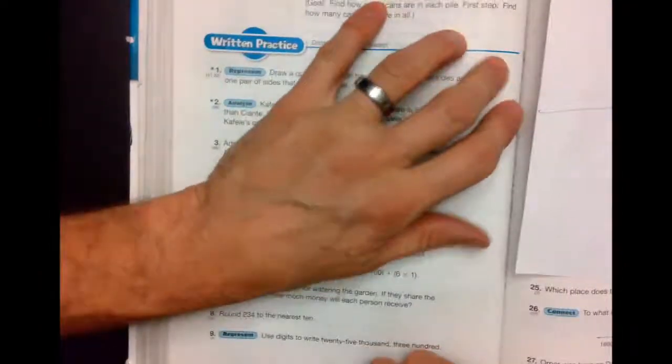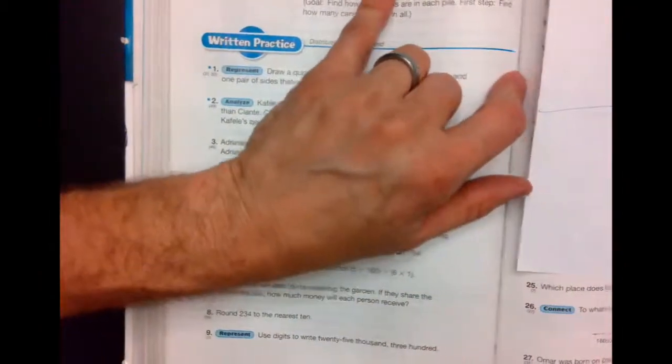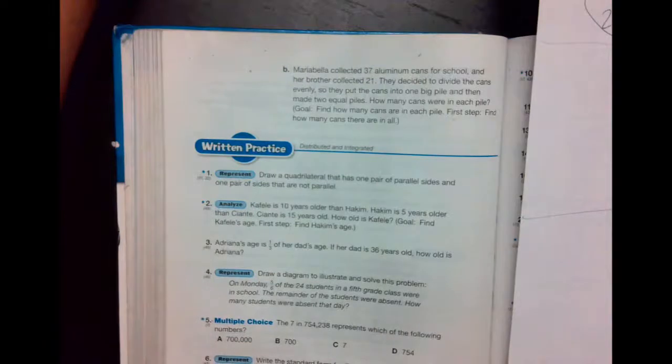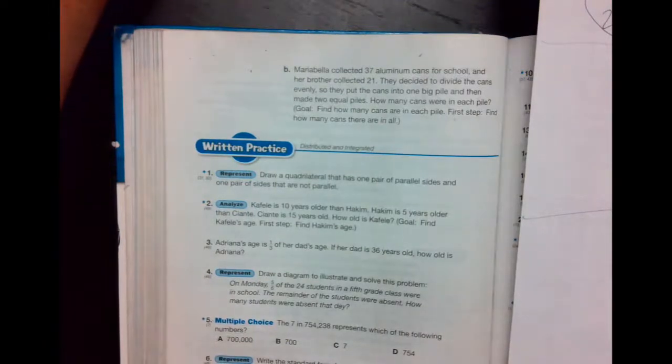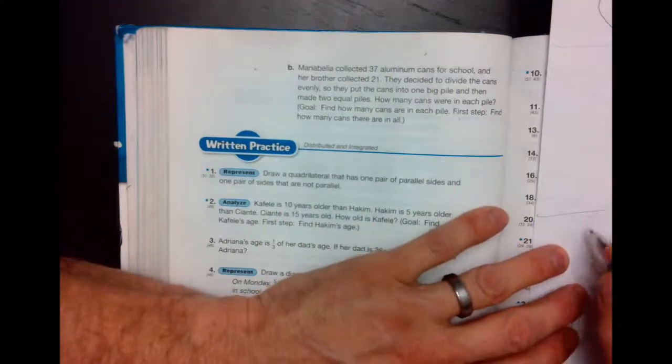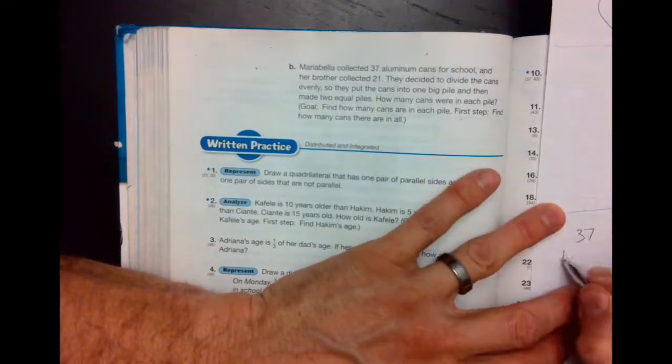We'll put it down here in our last box on the left. Mary Bella collected 37 aluminum cans for school, and her brother collected 21 cans. They decided that they would divide the cans evenly. So they put the cans into one big pile, and they made two equal piles. This is actually an average problem. Step 1, add.